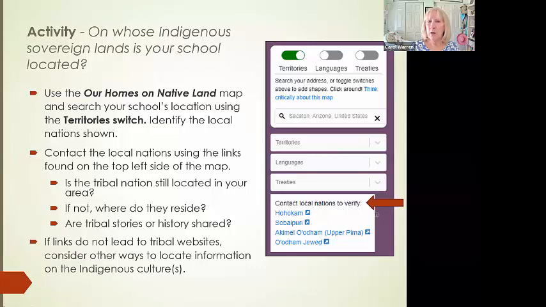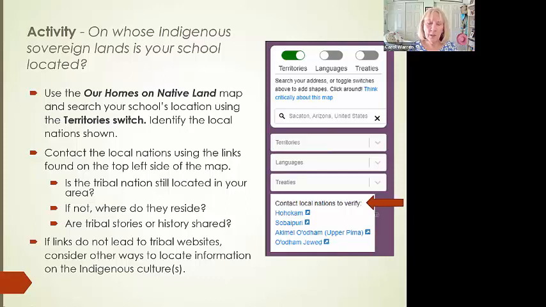And then down below, and I have a sample here on the right side of the slide, they give you the local nations which you can contact to verify information. I'd like you to look at those links and see, is the tribal nation still located in your area? If not, see if you can find out where they're located. And if they have a website, do they share any tribal stories or history about them?